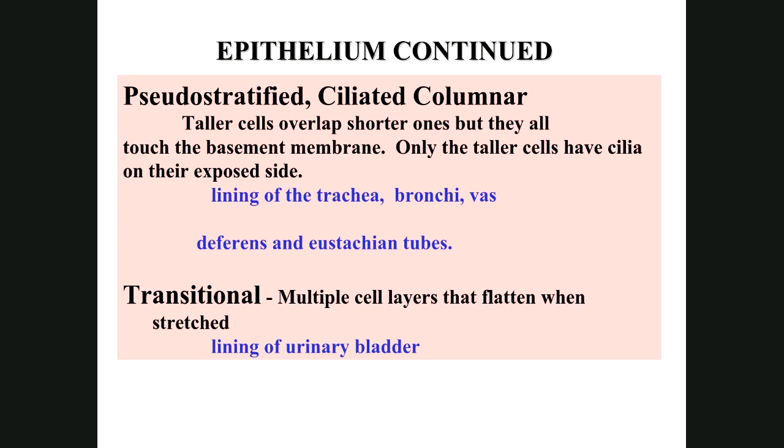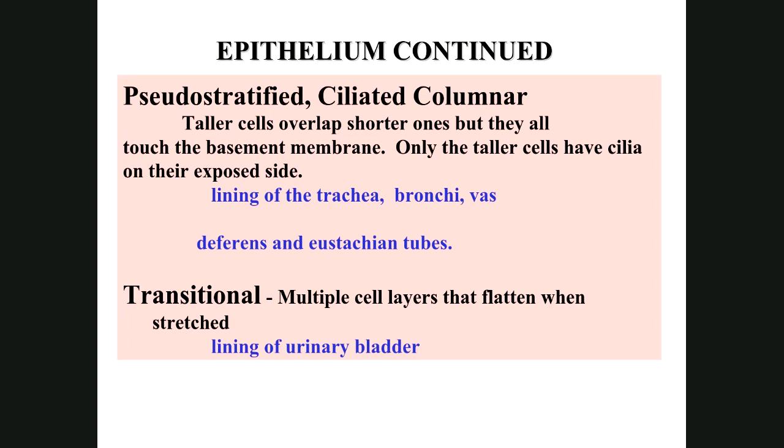And pseudostratified means that the cells are kind of flopping over each other, so it looks like it's more than one cell thick, but it really is only one cell thick. So they call it pseudostratified. I'll show you a picture of that in a few minutes. The taller cells, as you see, overlap the shorter ones, but they all touch the basement membrane under it. So only the taller cells have the cilia.